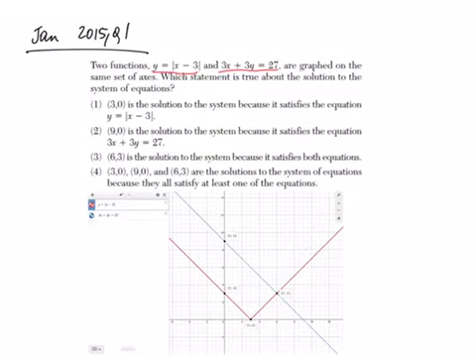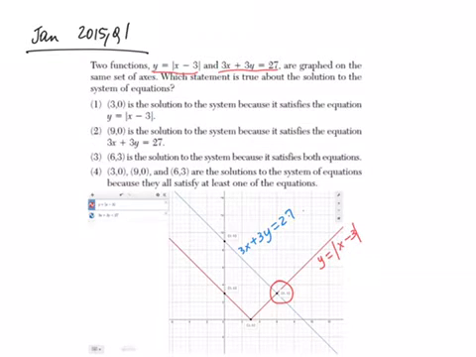So the two graphs, the blue one is 3x plus 3y is equal to 27, and the red one is the absolute value of x minus 3. Now where do they intersect? At 6 and 3. So that's what we are looking for.